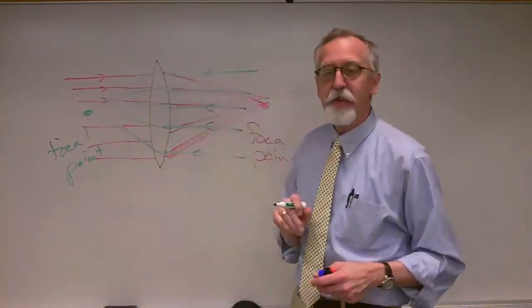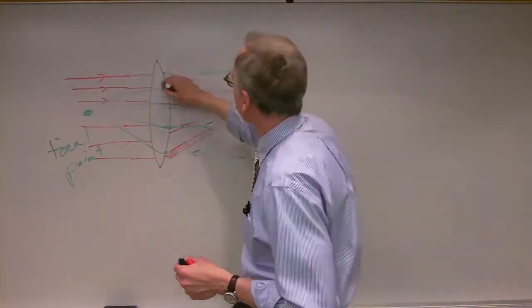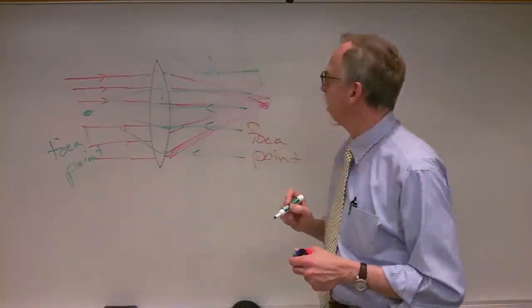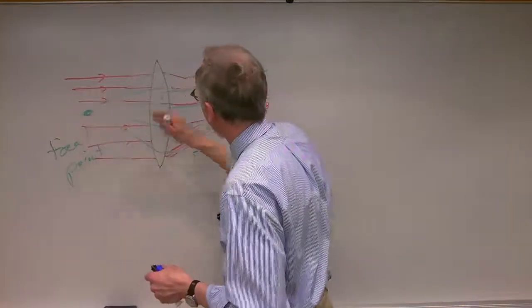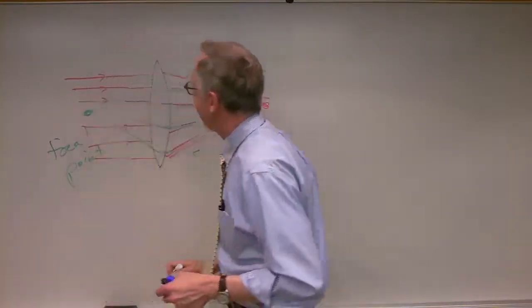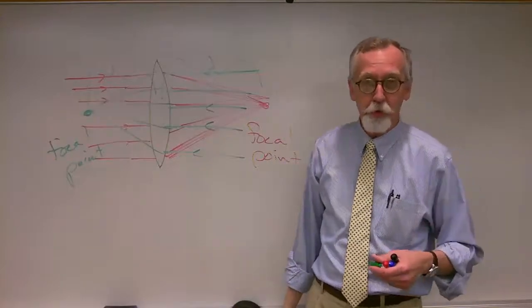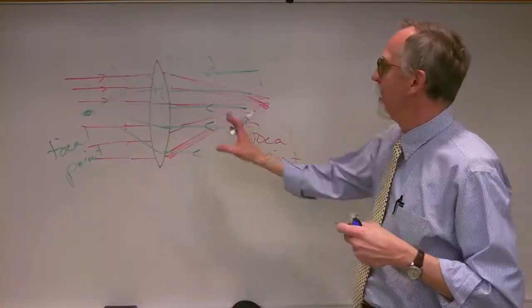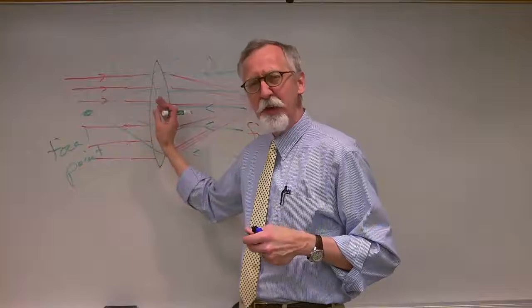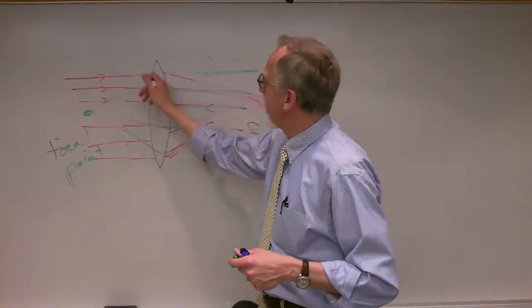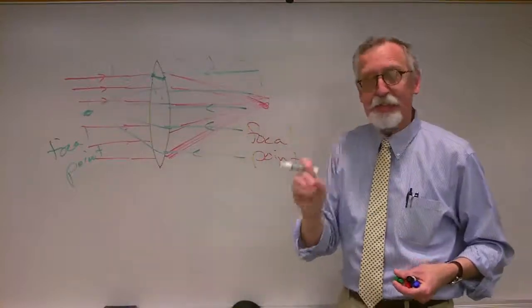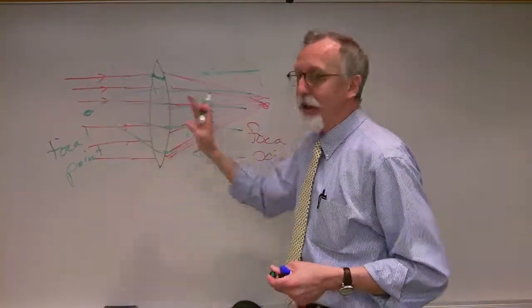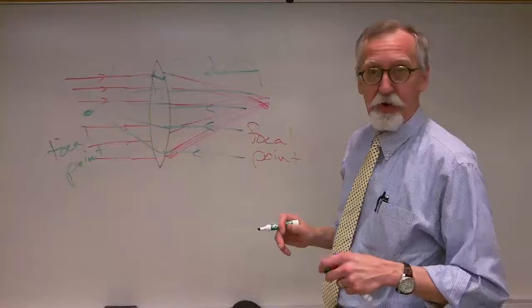And if the lens is symmetric, we would certainly expect the distance from the lens to the focal point on the right to be the same as the distance from the lens to the focal point on the left. I didn't quite draw it that way, but it should be the same. The fact of the matter is that if the lens is thin and we don't have to worry about the effect of the ray actually inside the lens, we don't even have to have the lens being perfectly symmetric on both sides.